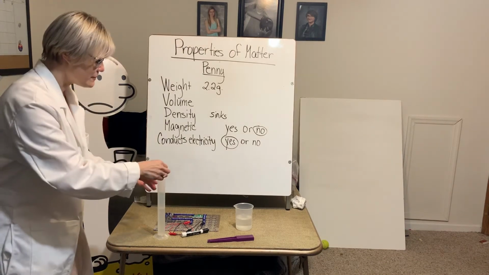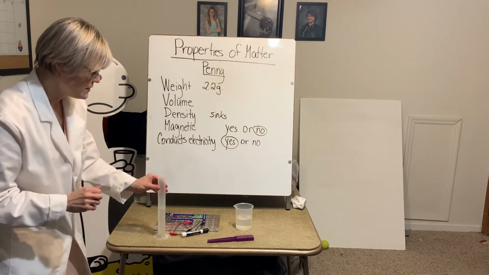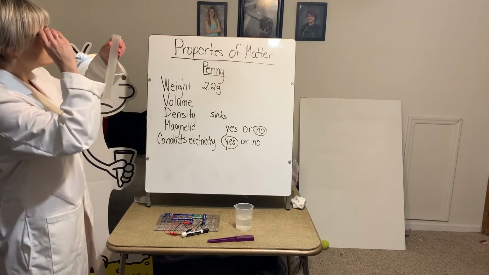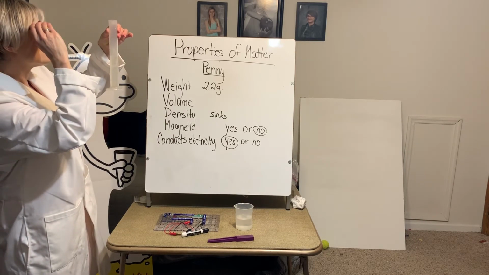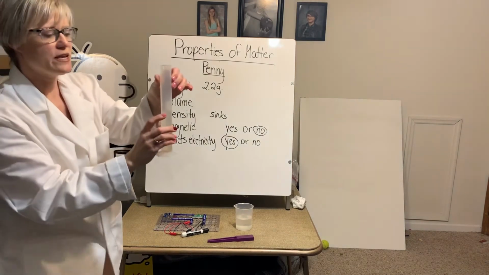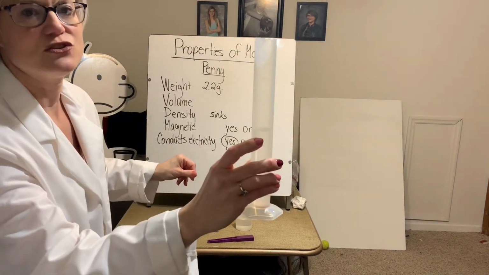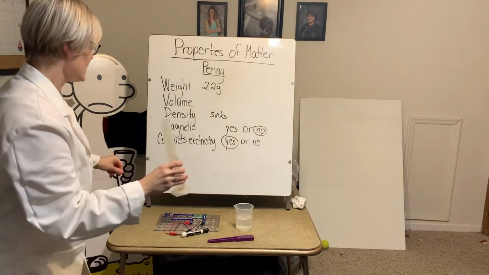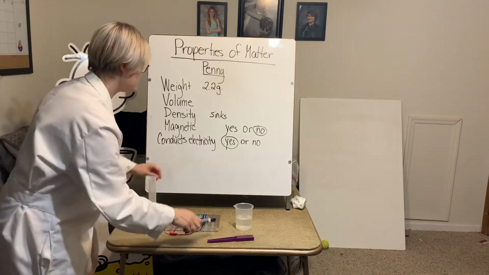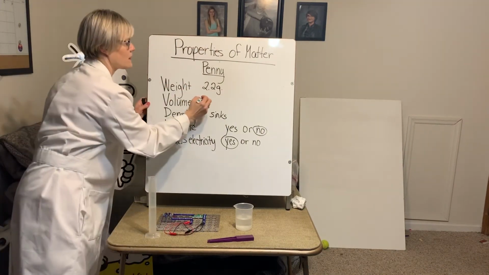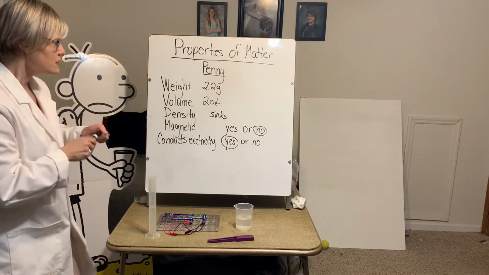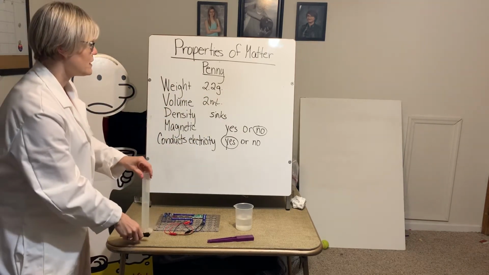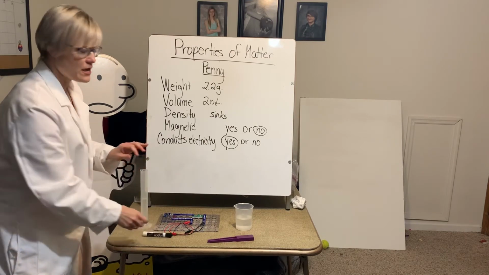So I've got 60 ml, so I'm going to drop it in, and then I'm going to read it. It's hard for me to read because of my bifocals. So I don't know if you can see, it is 62 mLs. So the volume is 2 mLs. All right, so we've played around with properties of matter.